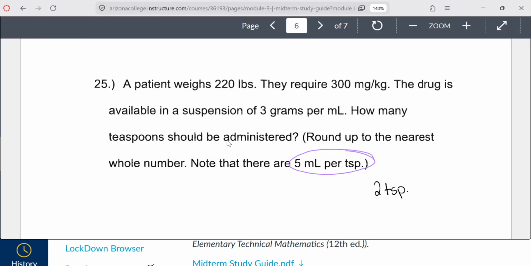First of all, we are looking at 300 mg per kilogram, but the weight is in pounds. So we've got to change the weight to kilograms.